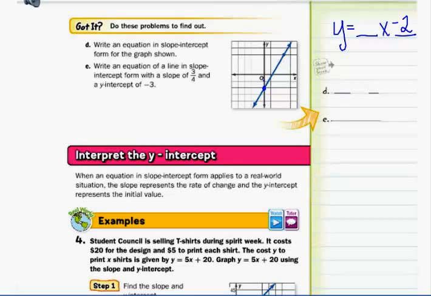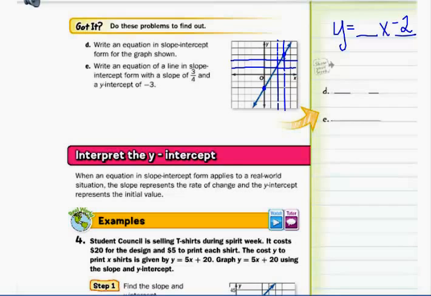So the slope, to get from one point to the next. Let's see, these lines aren't really showing up the best on here. Let me see if I can put them in here for you. Okay, so they've got this point and this point right here labeled.